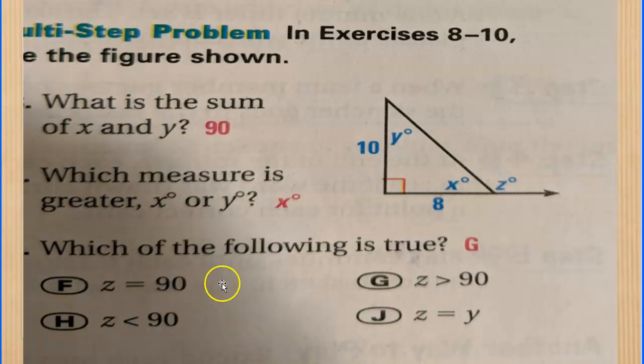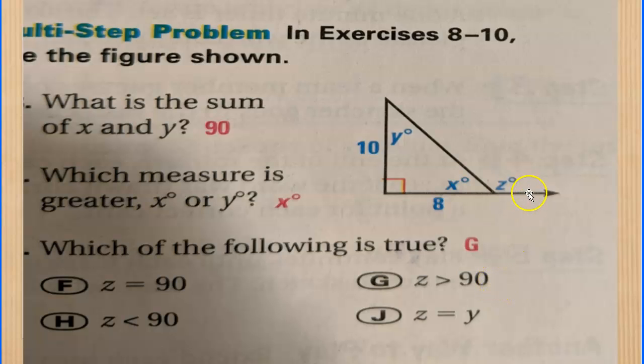Well, it wants to know if Z equals 90 degrees. Well, no, it does not. It looks like it's an obtuse angle. It wants to know if Z is less than 90 degrees, and again, because it's probably obtuse, it can't be less than 90 degrees.